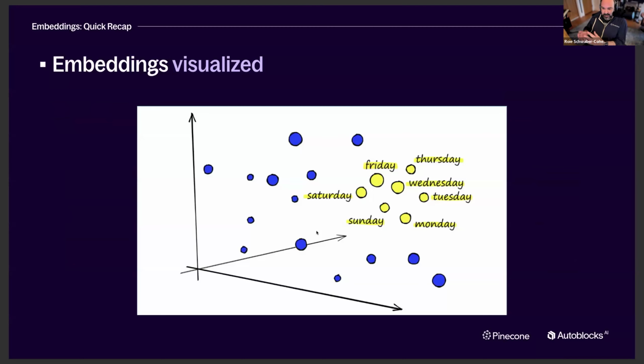If we want to visualize this kind of embedding, we can think of this as a bunch of terms floating in 3D space, right? So embedding space is, in fact, very highly dimensional. So this is a very simplified representation. But in this representation, it kind of gives us an intuition to how embeddings work.